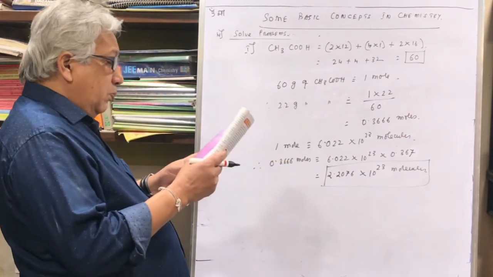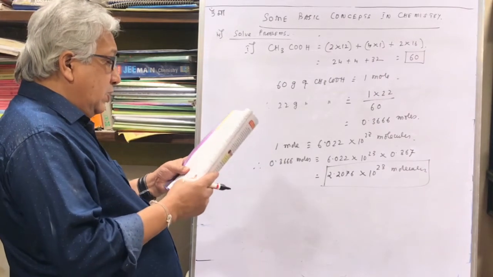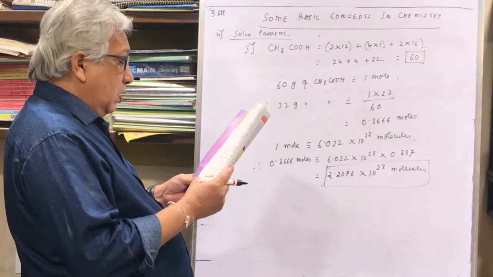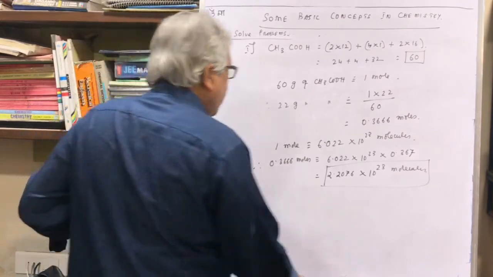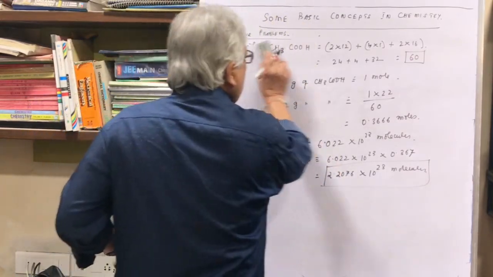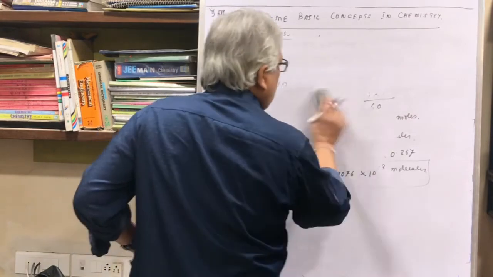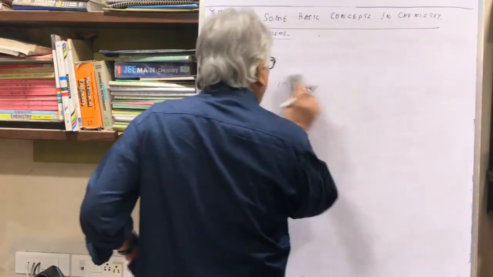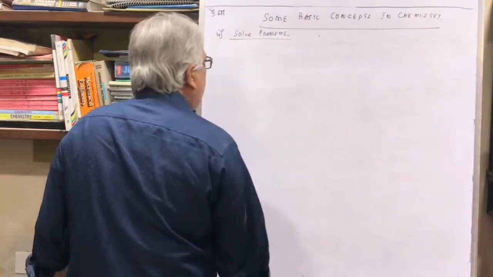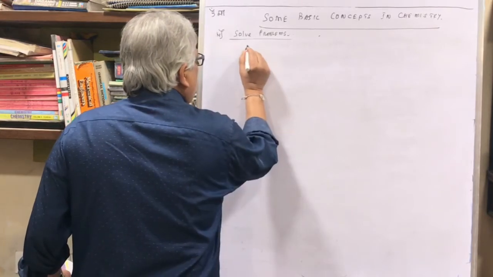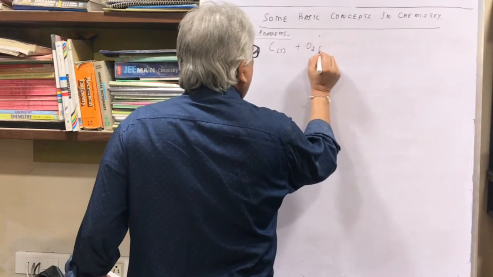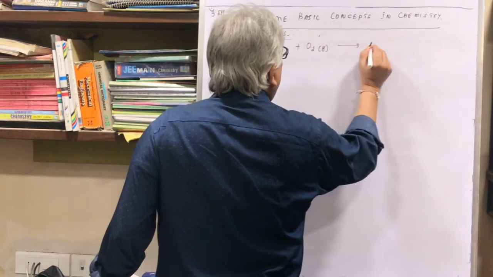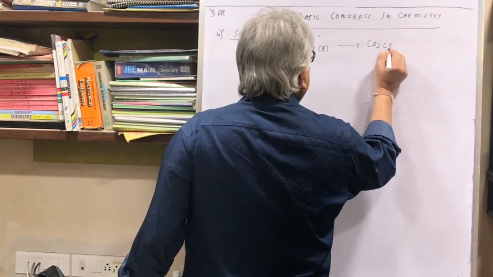24 gram of carbon reacts with some oxygen to make 88 gram of carbon dioxide. Find out how much oxygen must have been used. Okay, so what I do is, first I write the balanced equation for the combustion of carbon. So I say carbon solid burns in oxygen gas to give me carbon dioxide gas.